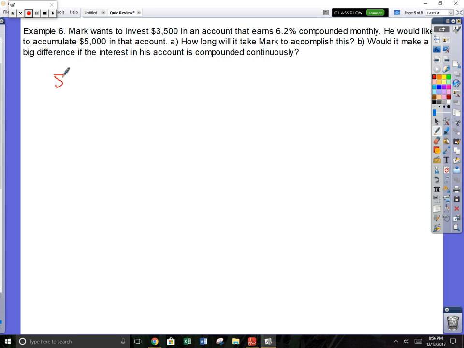So here we go. He's going to end up with 5 grand. He put in 3,500 times 1 plus the rate 0.062 divided by 12 raised to the 12 times the time, and that's what we don't know.